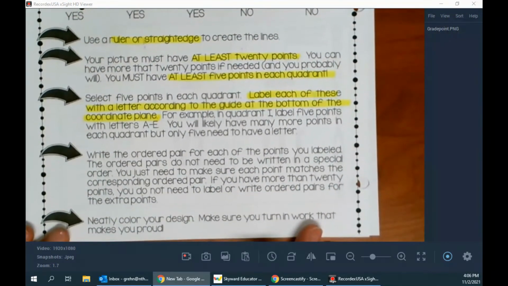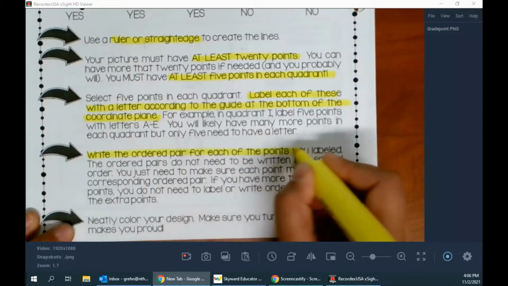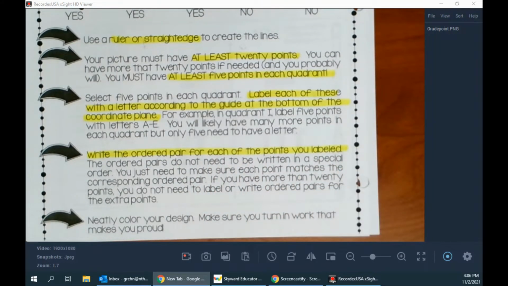And then the next thing here says write the ordered pair for each of the points you labeled. That's going to be really important. The ordered pairs do not need to be written in a special order. You just need to make sure each point matches the corresponding ordered pair. If you have more than 20 points, you do not need to label or write ordered pairs for the extra points. So in each quadrant, you're labeling and writing the ordered pairs for 5 points. If you have more than 5 points, you don't need to worry about the extra points.